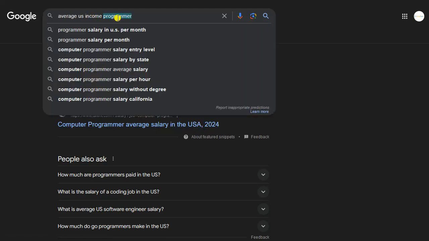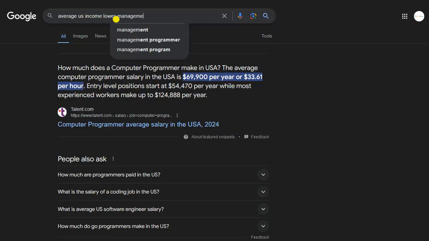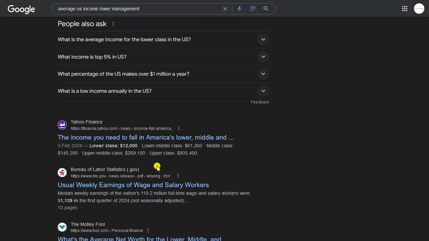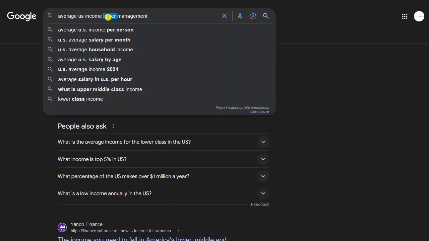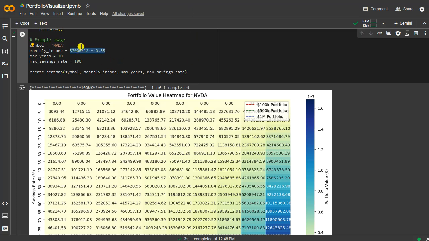So let's assume average income. What else can I, like lower management? Okay, this is like management. In management, it was like 70K or so. Median household was 70K. So let's assume a bit higher number. If we are a bit more aggressive, let's make it 70K here.